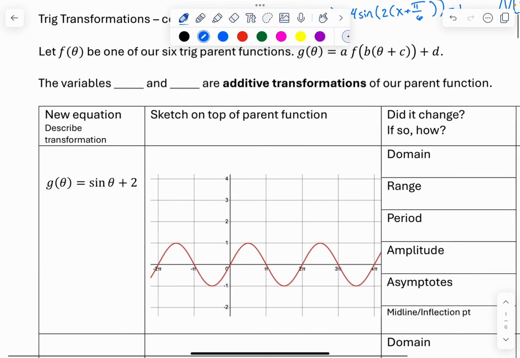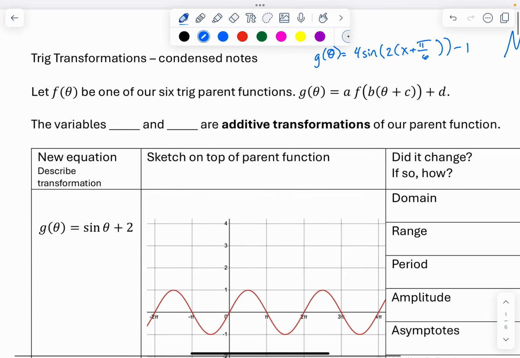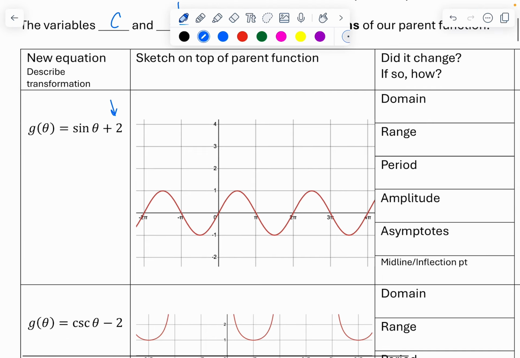Okay, so the variables C and D are additive transformations, and this first page deals with D. So here is our D value, this plus 2, and what that's going to do is take my parent function, which was provided here in red, and move everybody up 2. So what was at 0 goes to 2, so we have all of these zeros, and what was at 1, which is halfway between here, would then go up to 3.